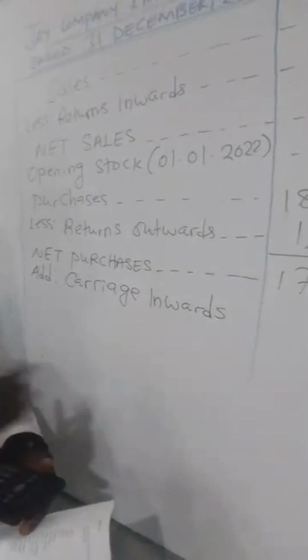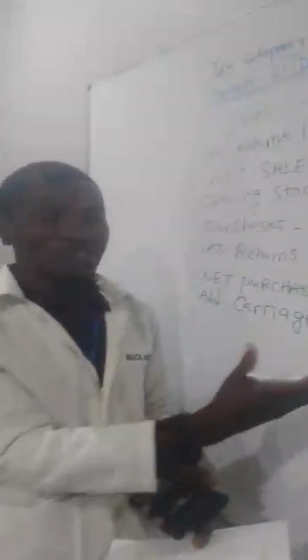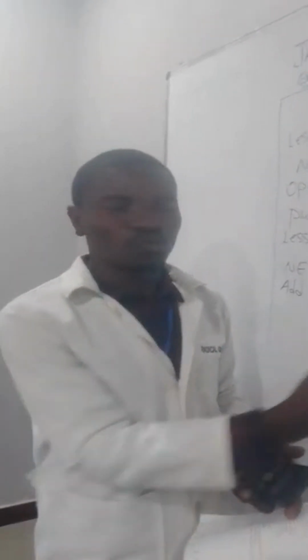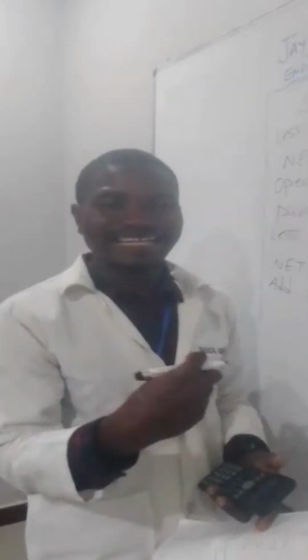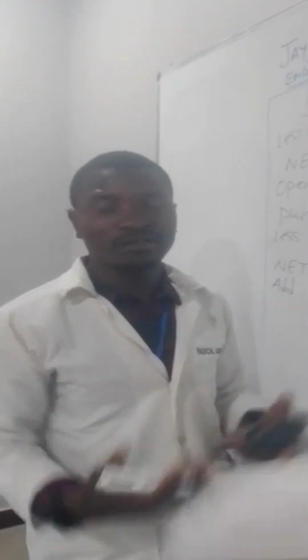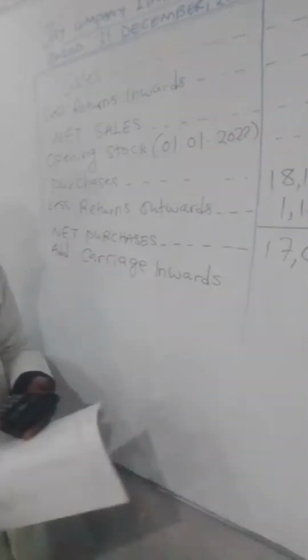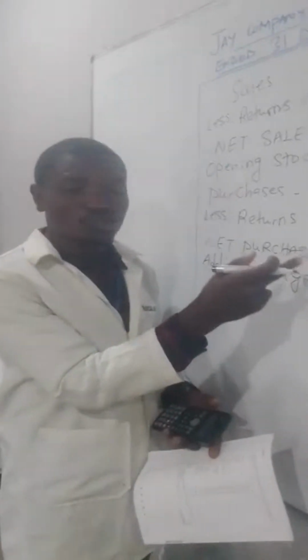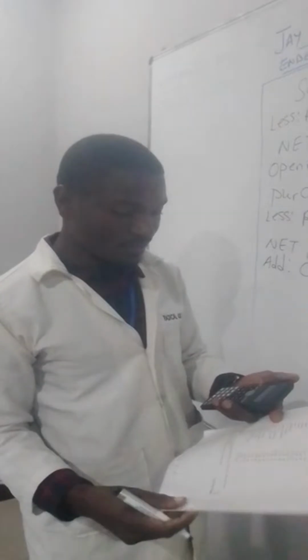When you purchase something, probably in bulk, you expect the supplying company to give you an extra amount of money in form of transport. This is why you are adding this carriage inward to purchases, to see how much the total purchase is.